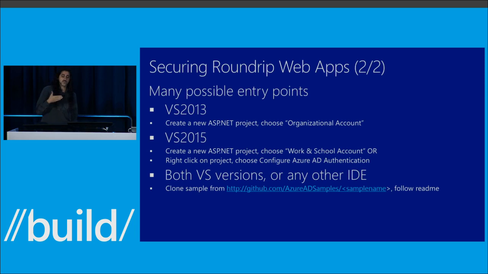If you use Visual Studio 2015 instead, from the RC that we released, actually from the CTP that we also released earlier, we use OWIN everywhere. So if you create a new project, you will get the new support for OpenID Connect with the new components.